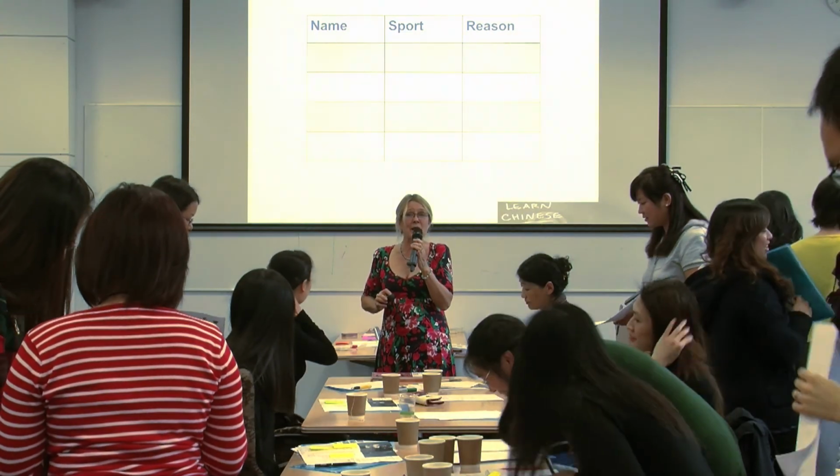What you can do now, before you do any feedback, is put your students in their groups and they share the information about the people they spoke to. So you can ask, who did you speak to? What kind of sport do they like?